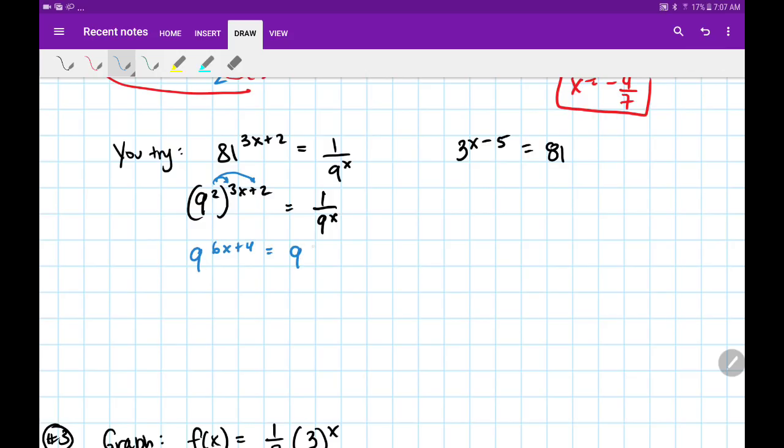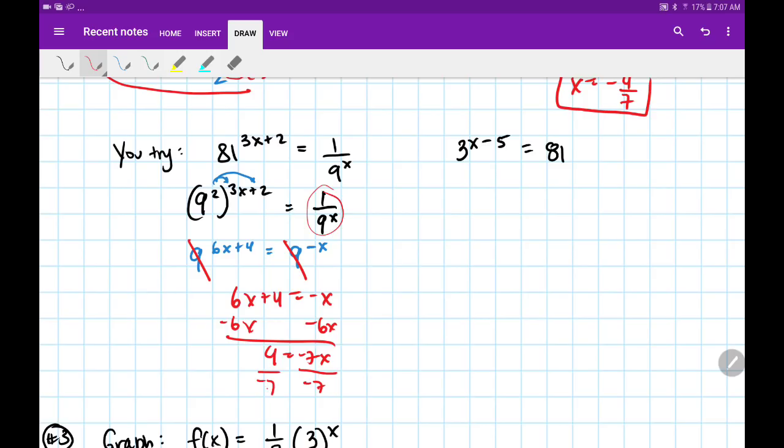And on the right side, I'm getting rid of my fraction, 9 to the negative x. Now that I truly have common bases with no fraction anymore, cross these out, set my exponents equal. I can minus 6x on both sides. 4 equals negative 7x. This is so funny. Did we get the same answer? Oh, that's so funny. So x equals negative 4 over 7 again.